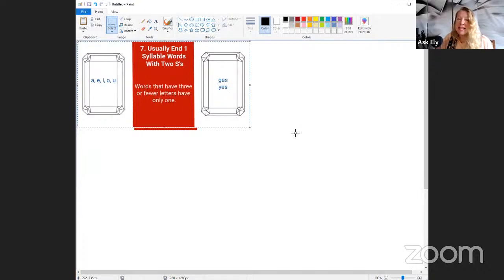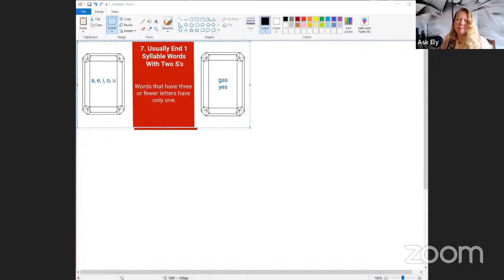The next one, yes, there are more. Oh, the next exception. I warned you. I said there was going to be more than the double F and double L. This one says words that have three or fewer letters only have one. So we have gas, G-A-S, three.